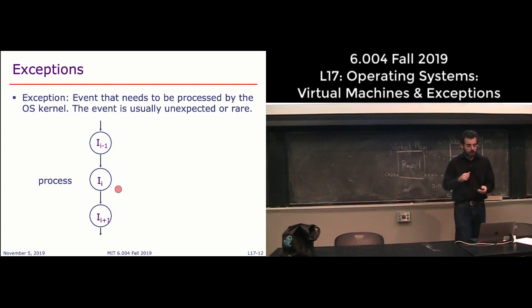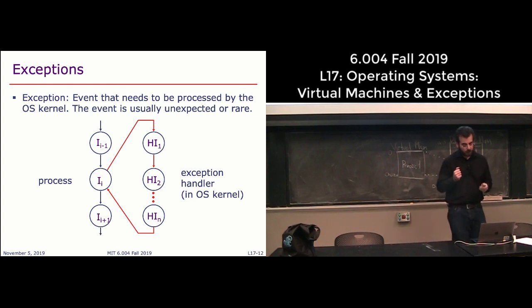So, there's some program, some sequence of instructions running from this process, and at some point, either the process does something in this instruction that's not okay, or there's some event that the operating system needs to handle. What's going to happen is that we're going to stop the execution of the process right here, and transfer control to some other code, the exception handler within the operating system kernel, that is going to handle the event, and then it will return control to the process.